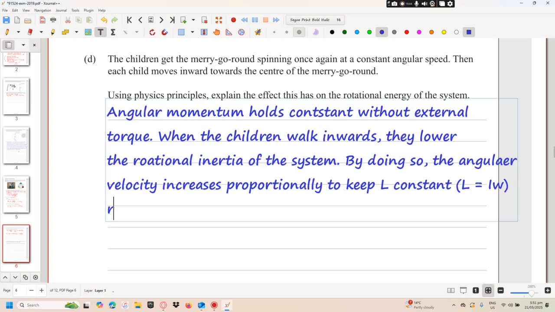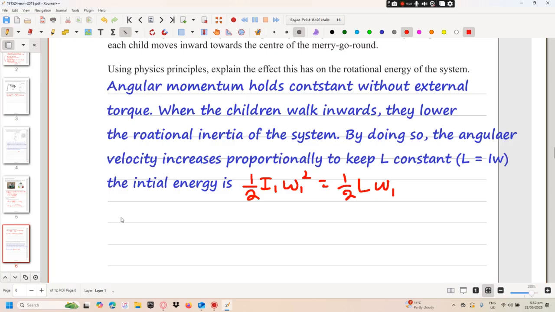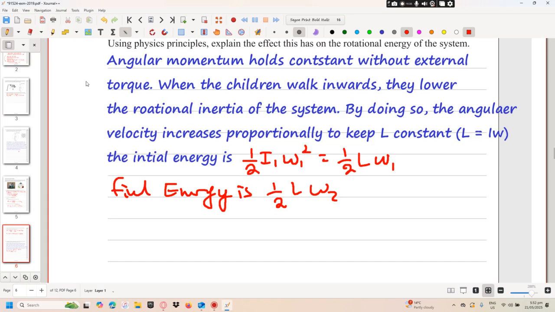Okay. We'll call that the initial energy, which is half I1 W1 squared. I1 W1 is just L, because that's the momentum. But the final energy is half L W2.